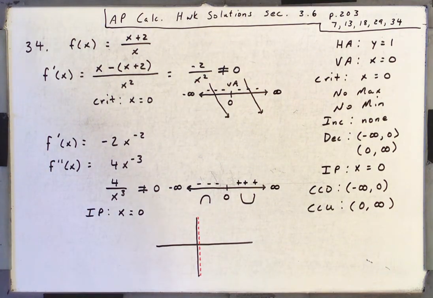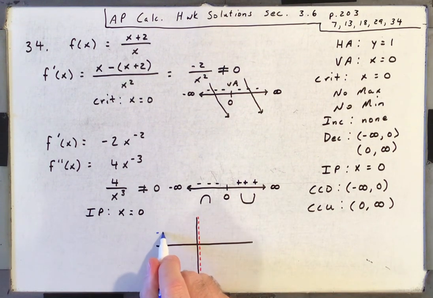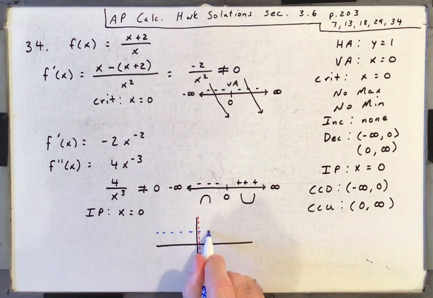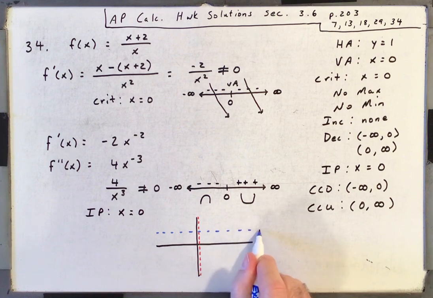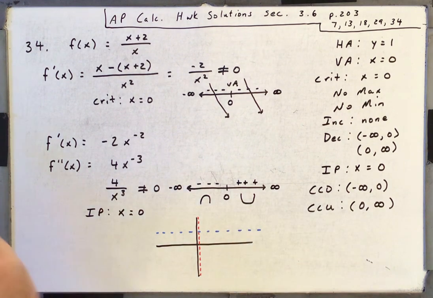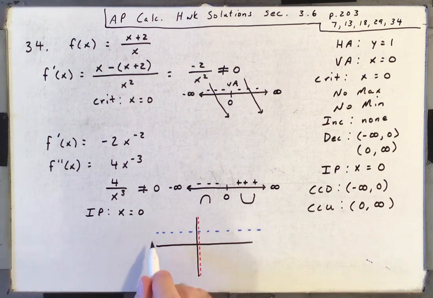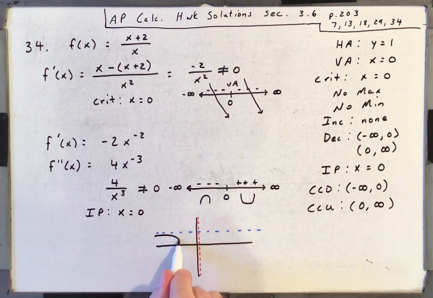And we have a horizontal asymptote at y equals 1. So let's call that right there. We're always decreasing, so we can't pierce either of those dashed lines. It's concave down to the left. So the only thing that'll work looks like that.